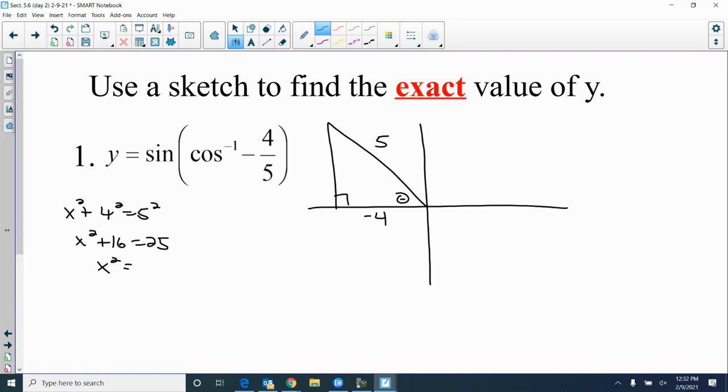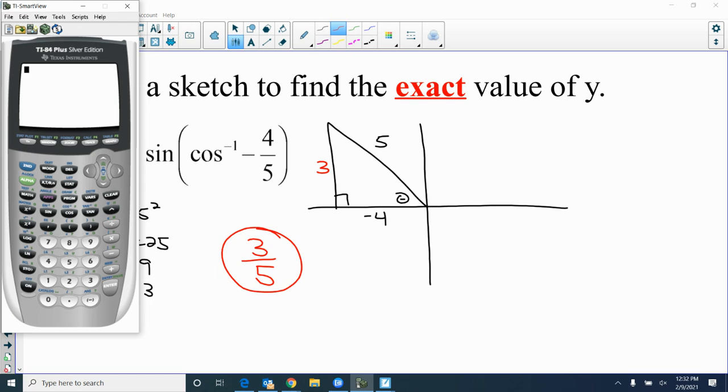And we get x squared equals 9, x equals 3, a 3, 4, 5 triangle. So that's 3. So my answer will be 3/5. That's what you need to say. Now, you could use your calculator just to say, all right, am I on the right track? Because really, what is the inverse cosine of 4/5? What angle is that? Negative 4/5.